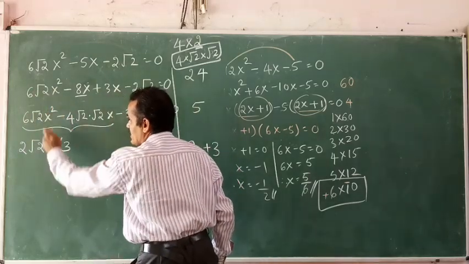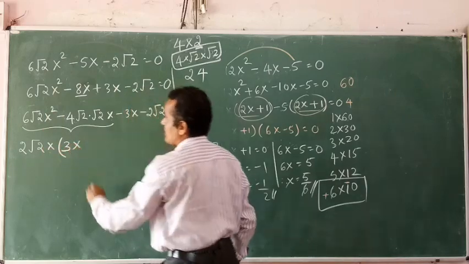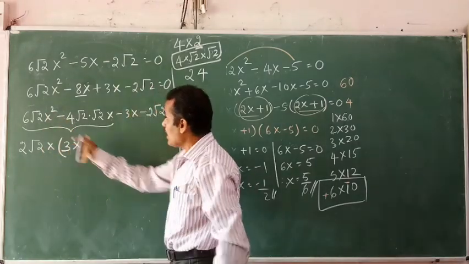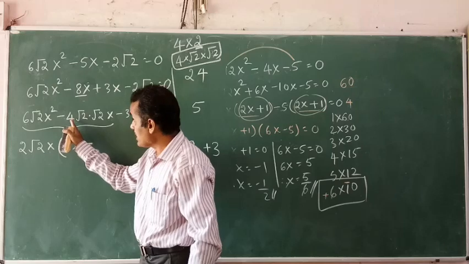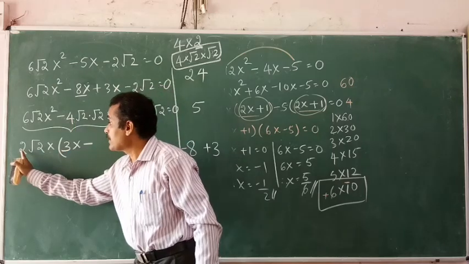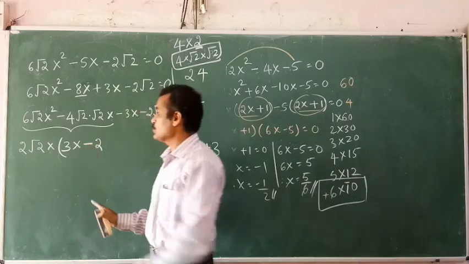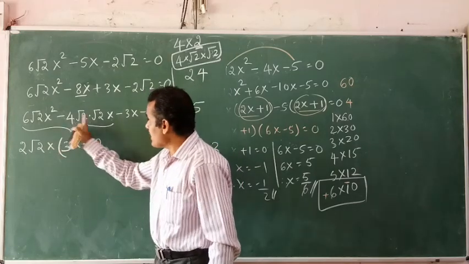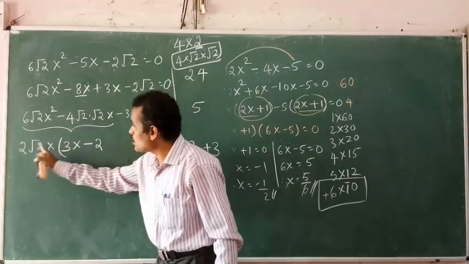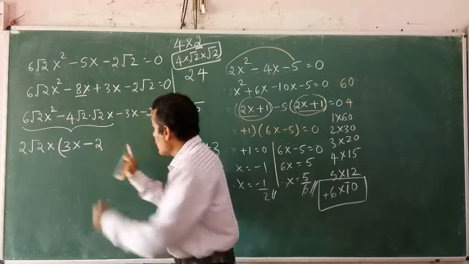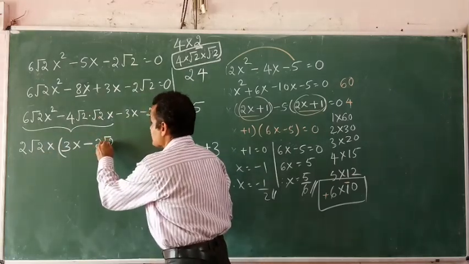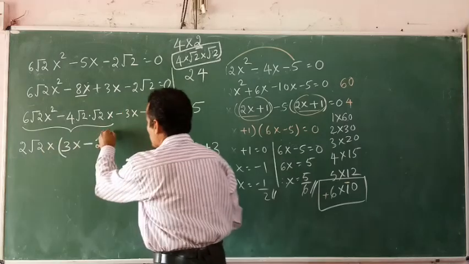X square is here, x has come out. X will be minus. Out of all these, this 4 is there, but 2 I have taken out. So 2 2s are 4. Then there are 2 root 2s. 1 root 2 has already come out. That means 1 root 2 will be inside. And x has already come out. Close it.